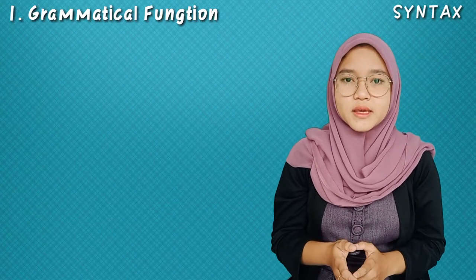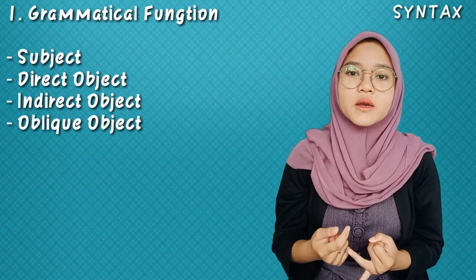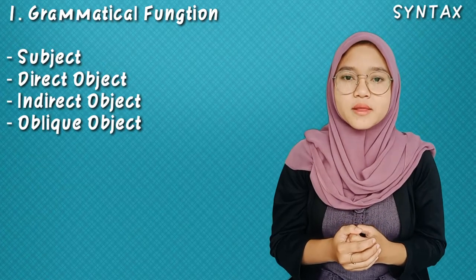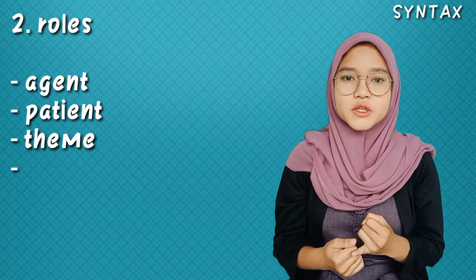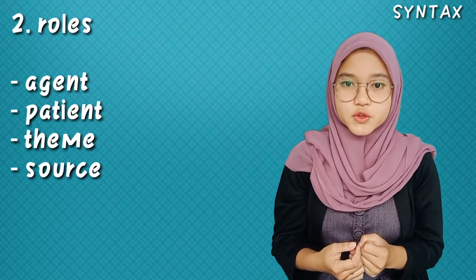Number one is the set of grammatical functions: subject, direct object, indirect object or second object, and oblique object. Number two is the set of roles like agents, patients, instruments, and such. For the first, we will talk about the subject.